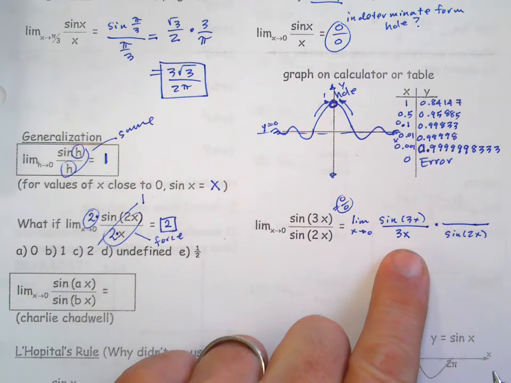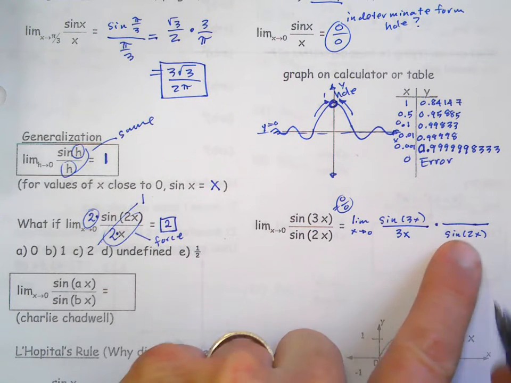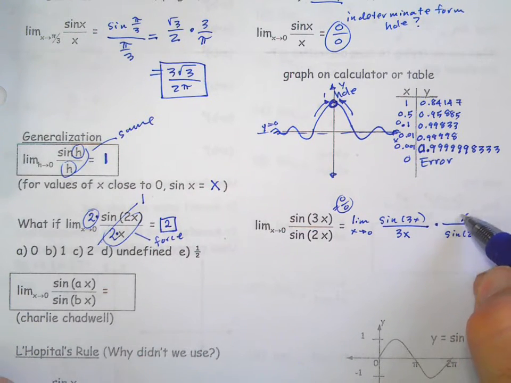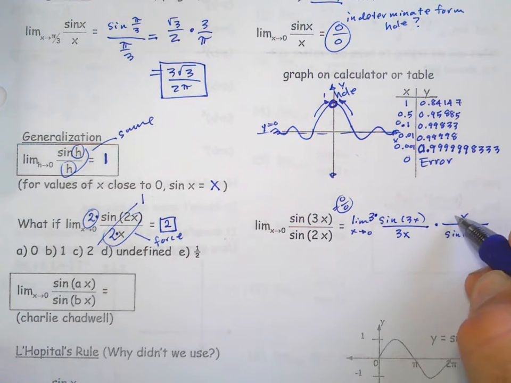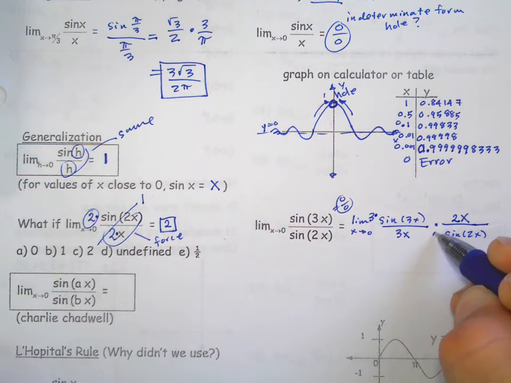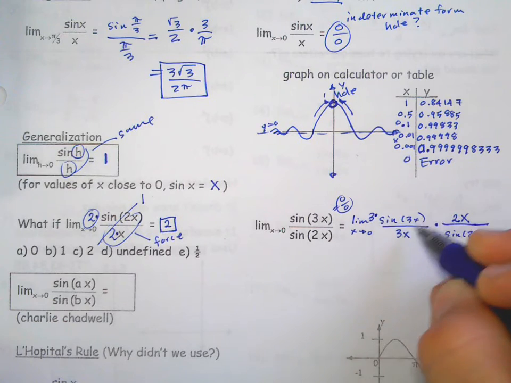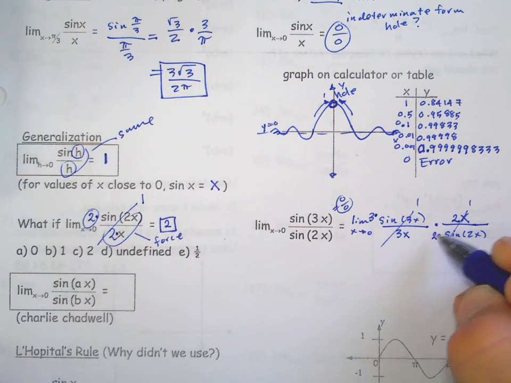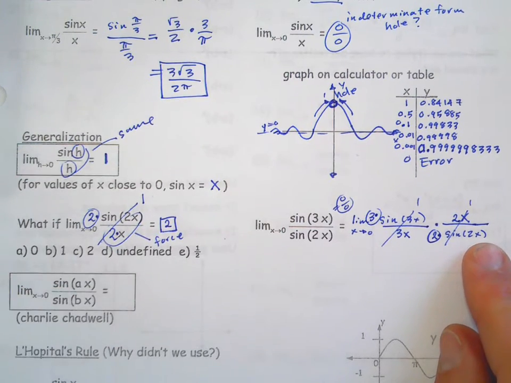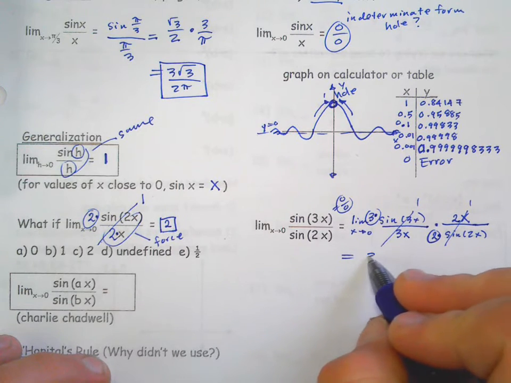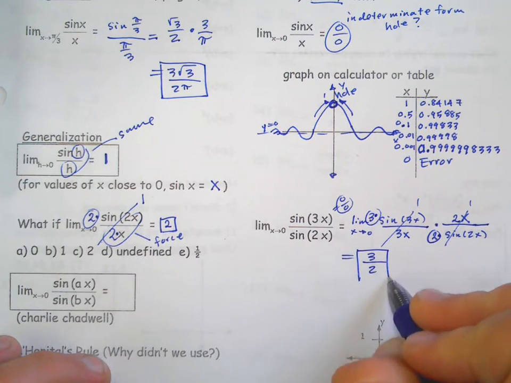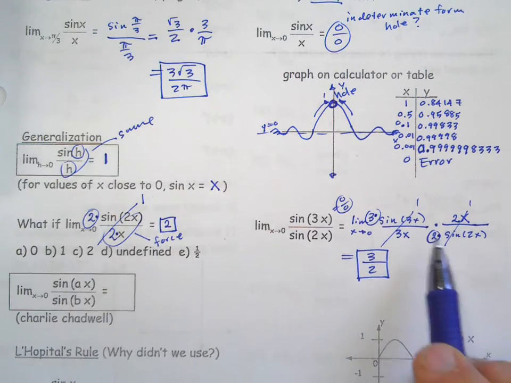So I'd like to get a 3x here and a 2x here. Now, the x's that I need, they balance each other out. The extra 3, we need an extra 3. The extra 2, we need an extra 2, right? So now that's going to go to 1, that's going to go to 1, and there's a 3 and a 2 left over. Now, by the way, this idea works upside down, okay? So the final answer is going to be 3/2. This is the kind of work I want you to show. This is the shortcut, by the way, okay?